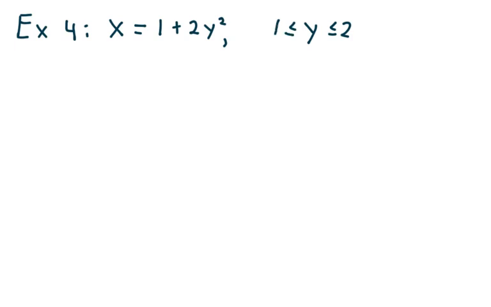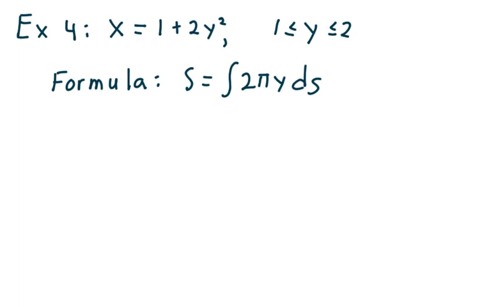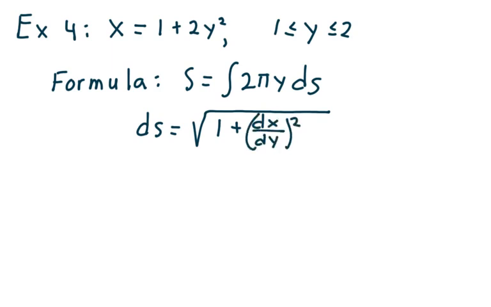So the formula is still S for surface area is the integral of 2 pi y ds. But this time x is a function of y, so ds is going to be the square root of 1 plus dx dy this time, squared dy.